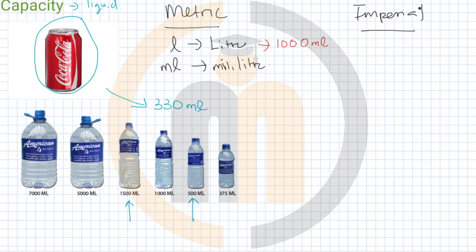Now in imperial we have several as well. Just an introduction: we would have ounce and gallon. We have pint as well, but let's talk about ounce first. We have what we call liquid ounce, and we have pint, and we have gallon. They're quite weird.